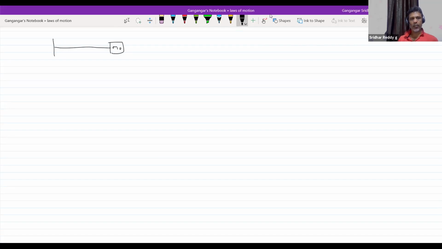This is mass m naught. This is a rope. If there are two monkeys on a given rope, what happens?